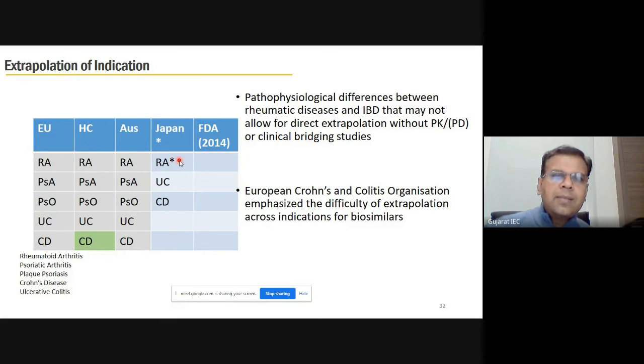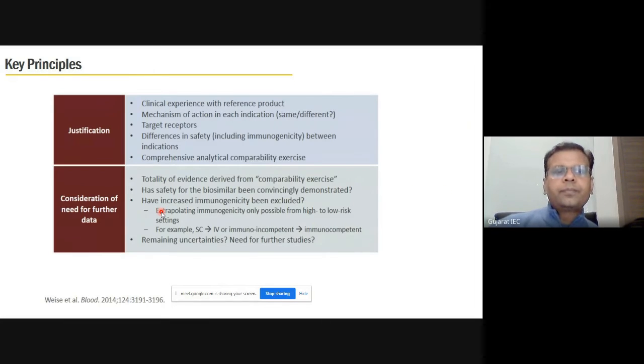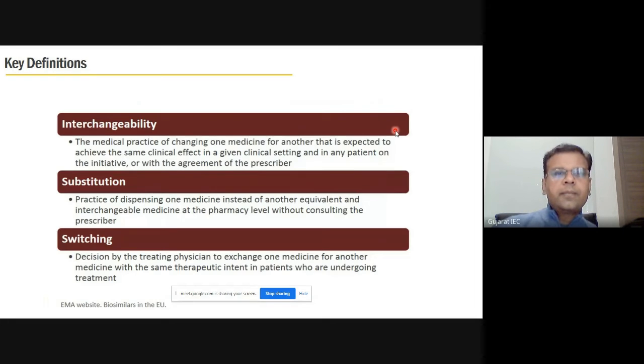Same is the case in Japan: if you get approval for rheumatoid arthritis, you may extrapolate to this, but you may not extrapolate to other indications. Every regulator has its own way of functioning and extrapolating data to other indications. So there should be a proper justification for extrapolation to the other indication.